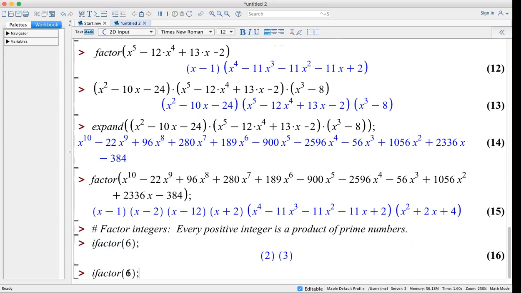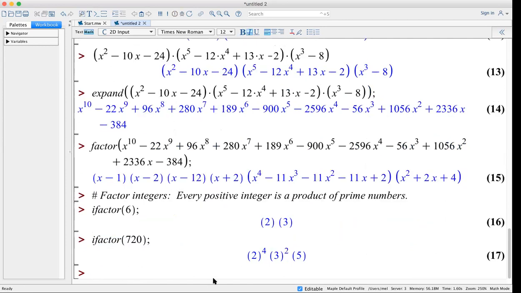If you want to ifactor 720, this means 2 to the 4th, 3 squared times 5. So when you factor this integer, there are 3 different primes that divide 720: 2, 3, and 5.